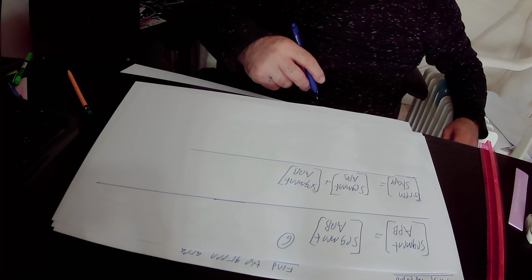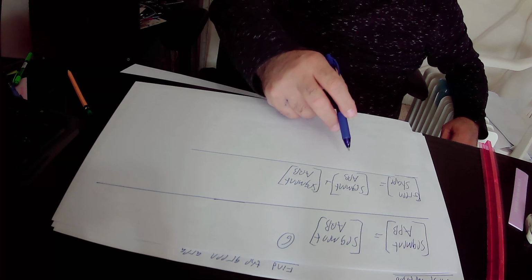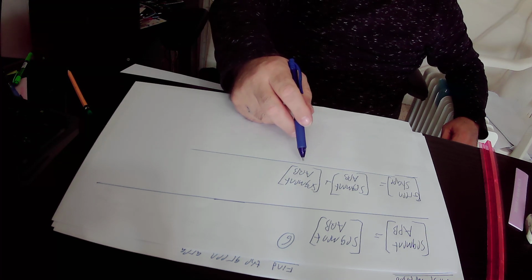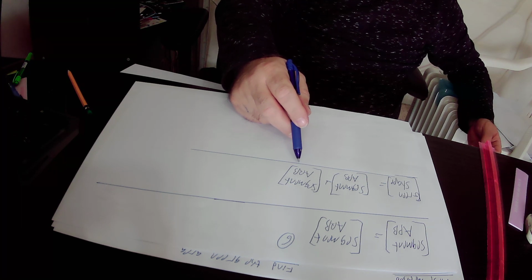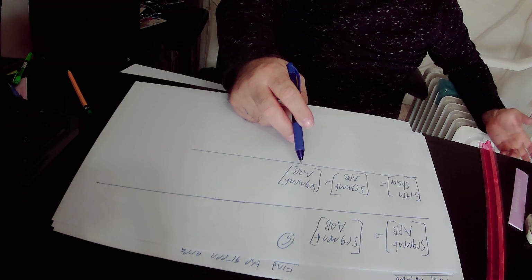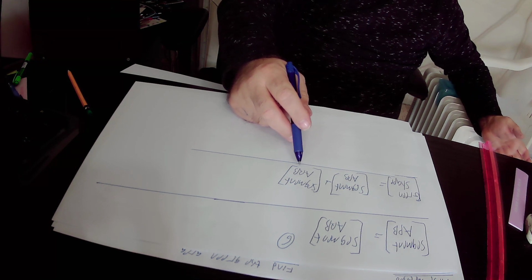But because the area of segment APB is equal to the area of segment AQB, we can substitute the area of segment AQB by the area of segment APB because they are equal to each other.